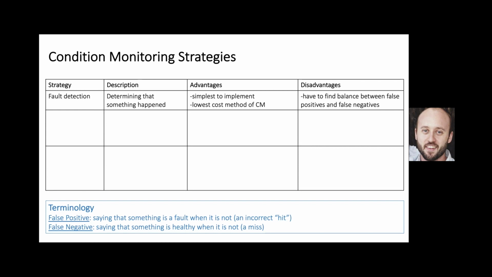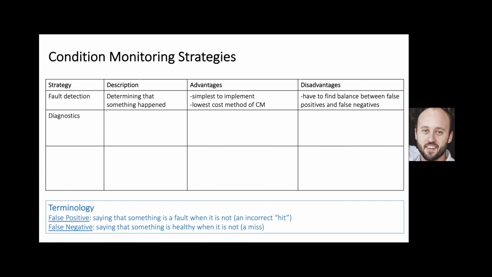So when we say that the system is healthy and it is in fact not healthy. So the obvious risk of having a high false positive rate is if we're constantly saying that something is faulty when it's not, then we're actually increasing our inspection costs because we're going to look at something when we don't actually need to. Obviously, if we're missing it, then the condition monitoring solution isn't even helping us at all.